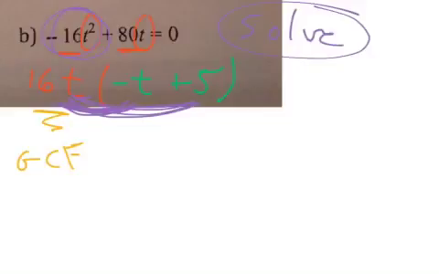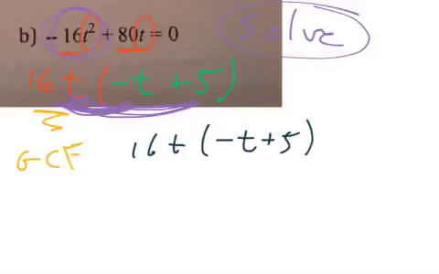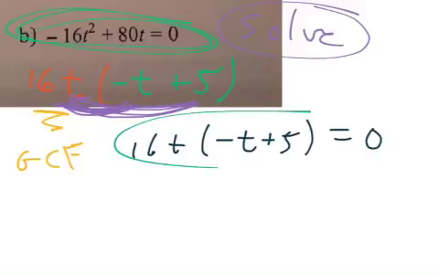And long story short, 16t times negative t plus 5 equals 0. What we did was take this expression that we initially were given, follow the green, that now is factored here. Okay? So now what?